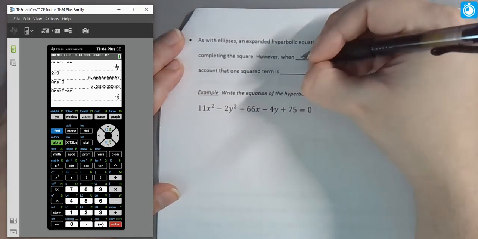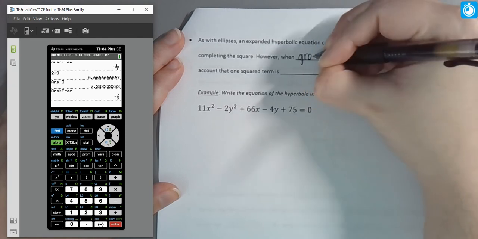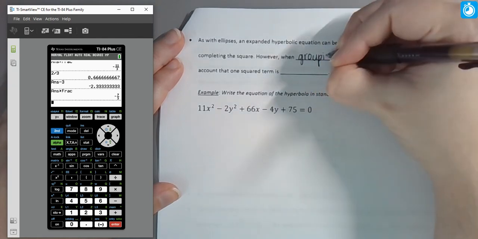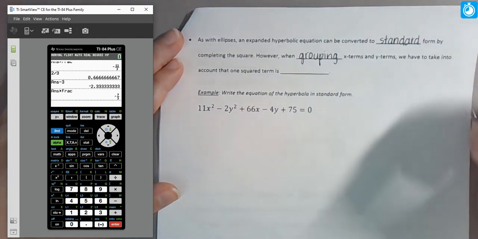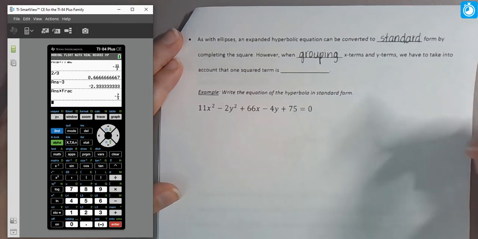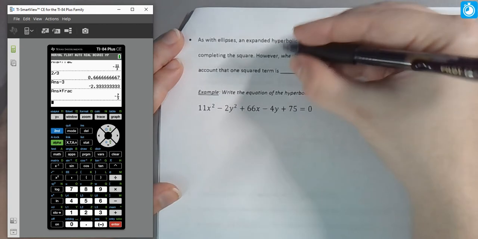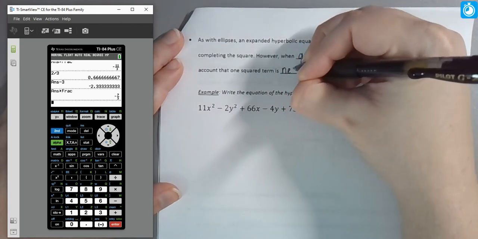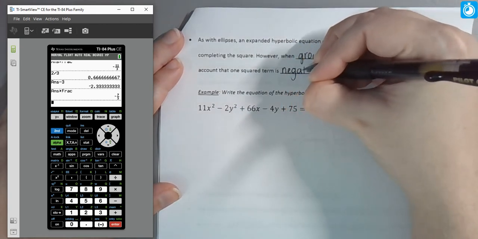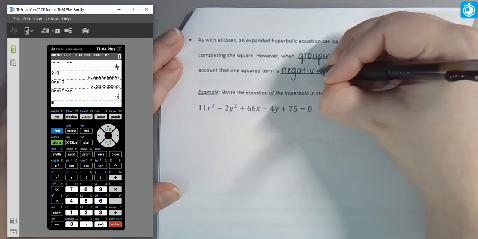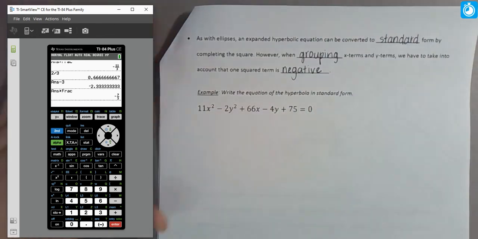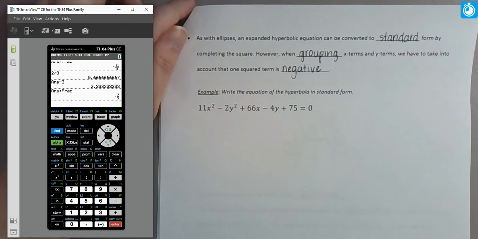When we are grouping x and y terms, when we're rearranging things, grouping the x terms, the y terms, the terms that have to go together, we have to take into account that one squared term is negative. Grouping is a little bit riskier when we're grouping something that has a negative term. We have to be very, very careful with our signs. So I'll show you what that looks like when we get to that point in the problem.